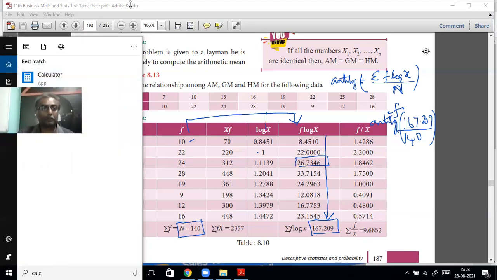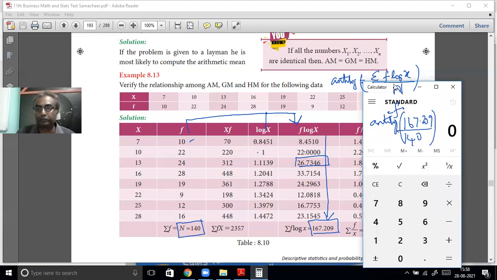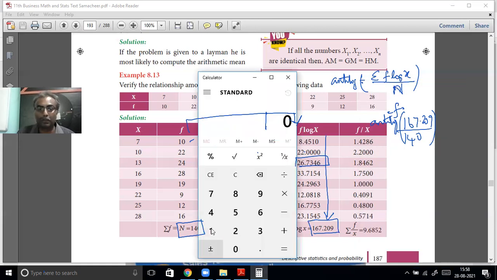The answer is 11.9928. Divided by 140. Oh, wait, I think it's the wrong answer. It is 1.194.